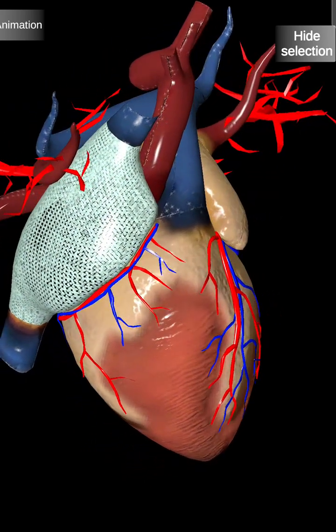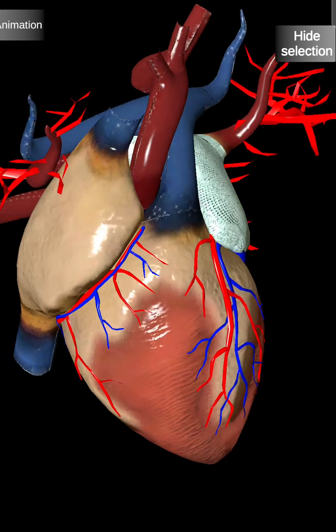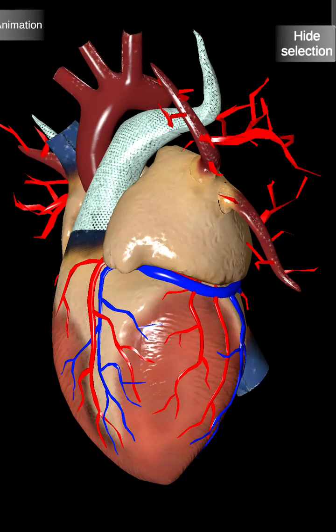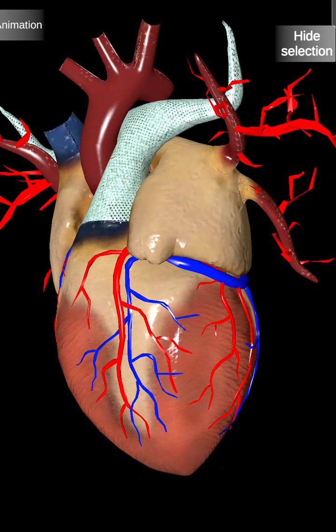After that, the muscle of the heart pumps blood into the right ventricle, and from the right ventricle blood is transported by the pulmonary artery to the lungs. Unfortunately, our diagram does not show the lungs, so this is the pulmonary artery which carries the deoxygenated blood from the right ventricle to the lungs.